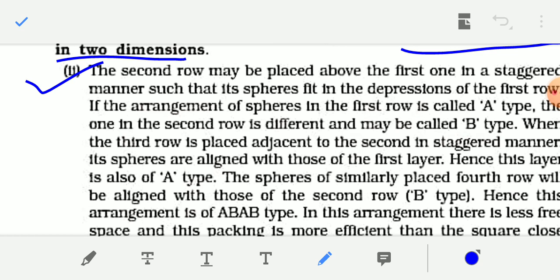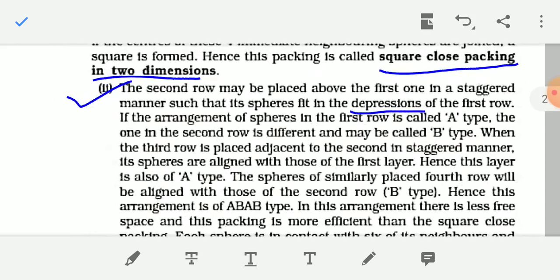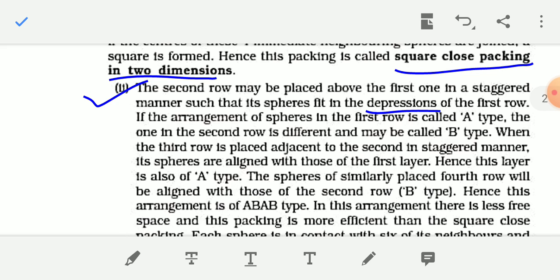That is, the spheres of the second row are placed in the depression of the first row, then you will get two-dimensional hexagonal close packing.